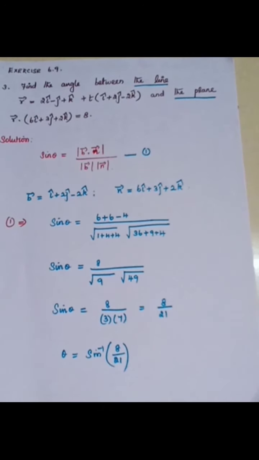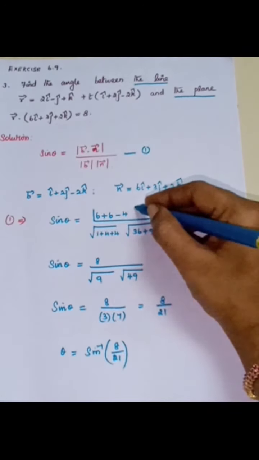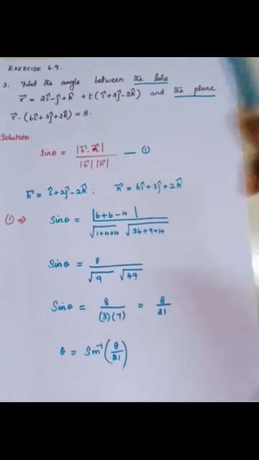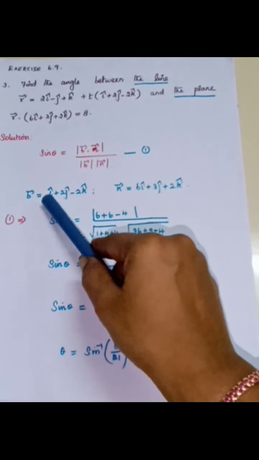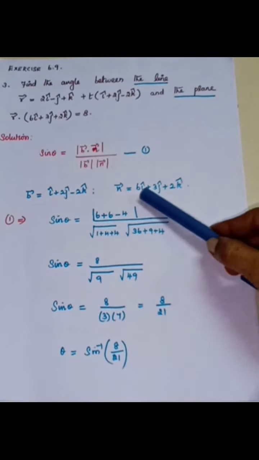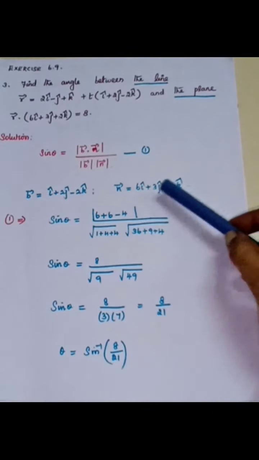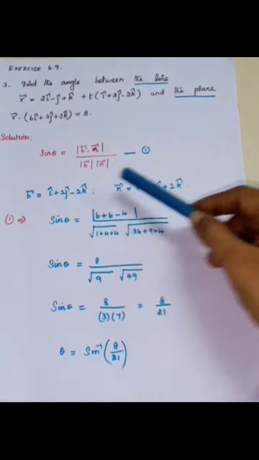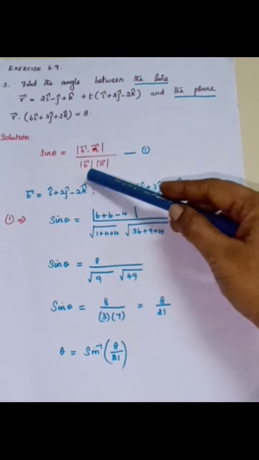So it is a modulus of, so here you have to write the modulus and you have to take the dot product. How to take the dot product? You have to multiply the same components. Here the coefficient of i cap is 1. Here you are having 6. So 1 into 6 is 6, plus 2 into 3 also 6, minus 2 into plus 2 is minus 4, divided by modulus of b vector.